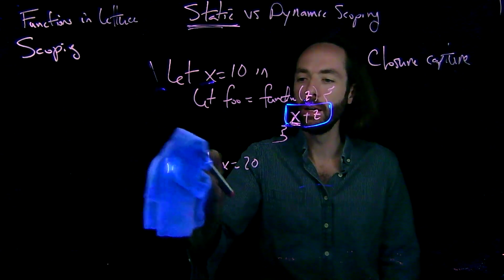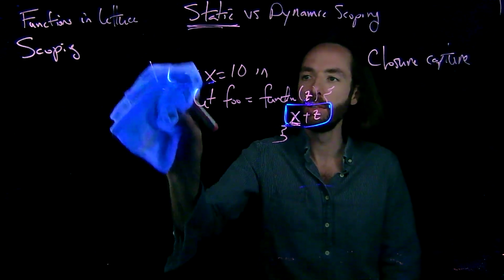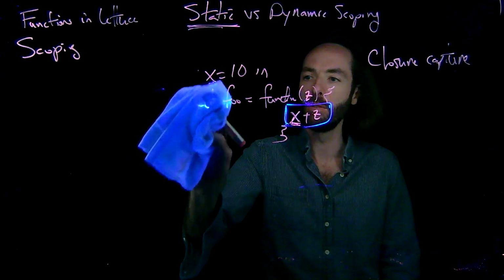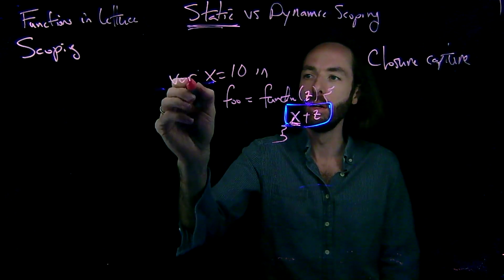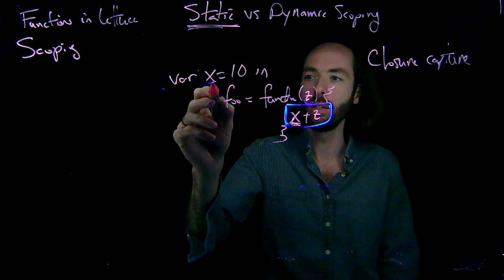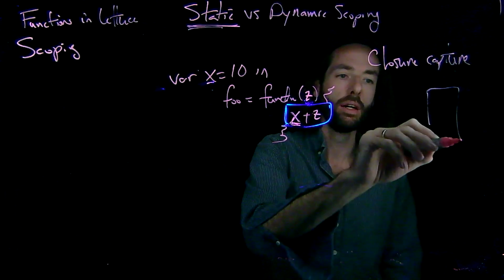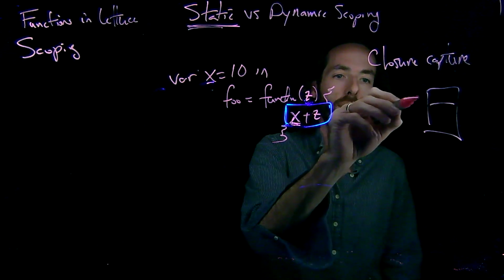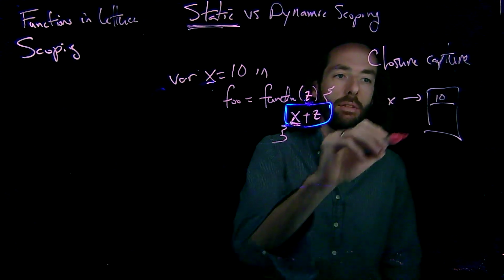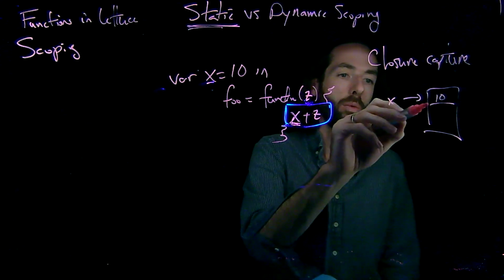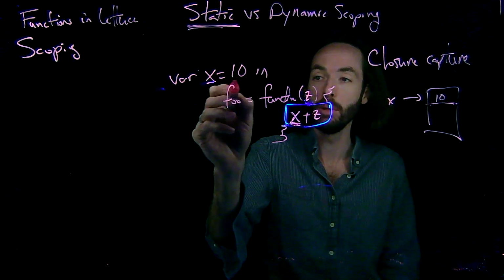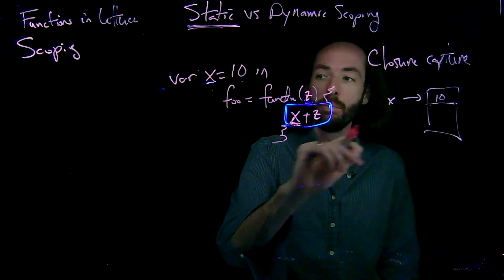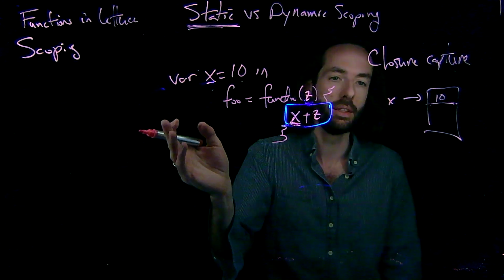So if, instead of let, we allowed for variables, what is a variable actually doing? It's x is basically a pointer to a location in memory. And in that location in memory, we'll place a 10. That's what declaring a variable x equal 10 is going to mean. And we'll actually implement this in Lattice in a bit.